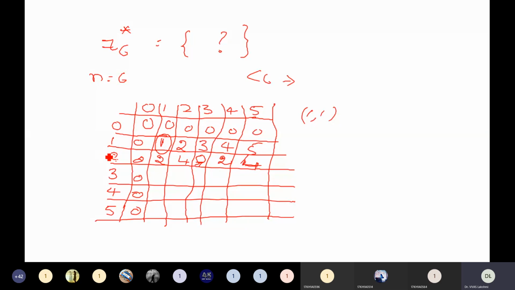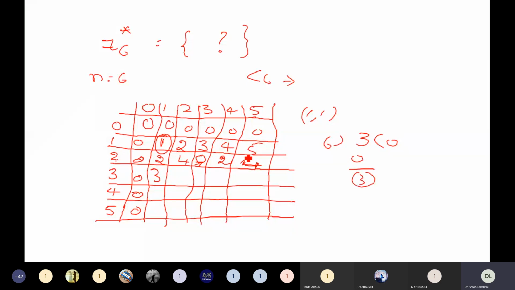So here we are going to fill the value 3. 3 into 1 is 3. Whenever you get a value that is less than the n value, the value should be the same, because whenever you divide 3 by 6, the remainder is 3.